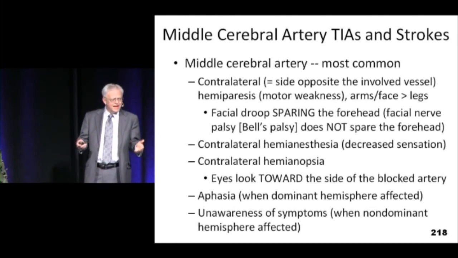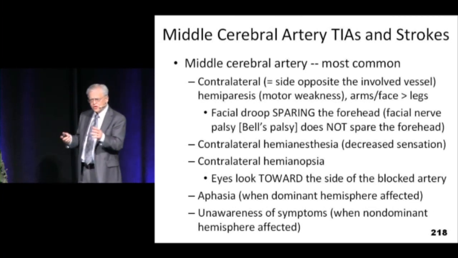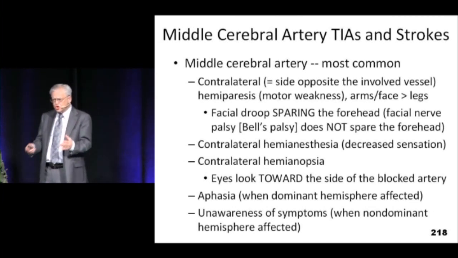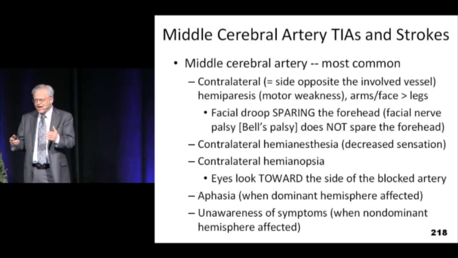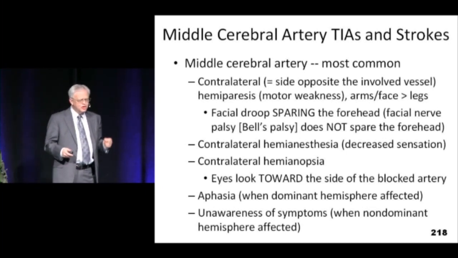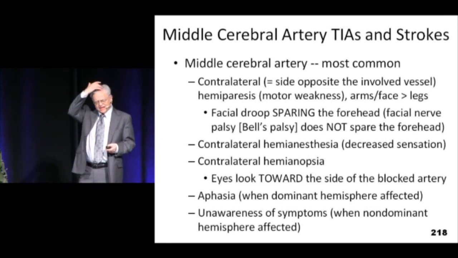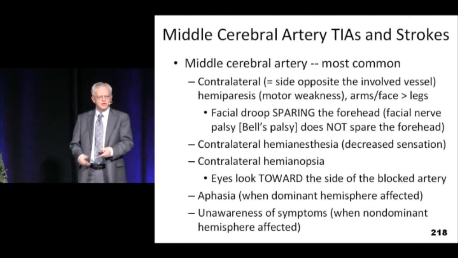When they come in coma and somebody says, well, I think he's had a stroke, don't be reaching for the TPA, because if you score that patient, they don't score well on the NIH stroke scale. They're not going to get it. They do not have that kind of lesion. Contralateral if the left side is involved, the right side of the body.